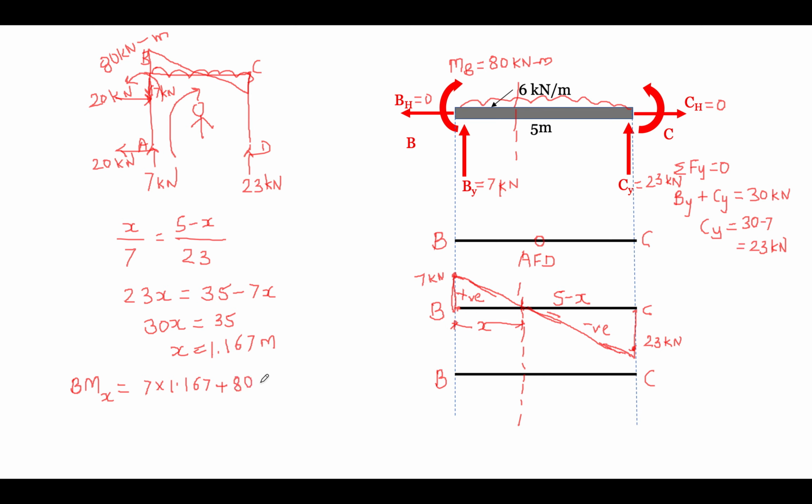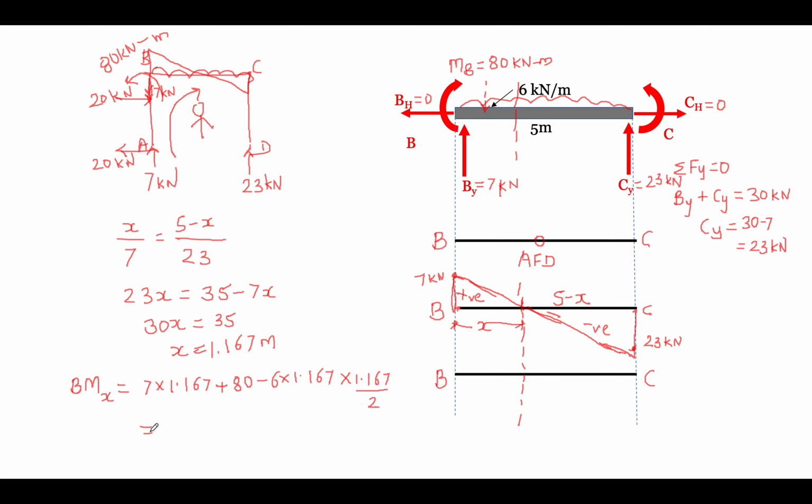80 is a moment, so simply we'll count that, minus the UDL, which is 6 into 1.167, and it will act in the middle, so into 1.167 divided by 2.